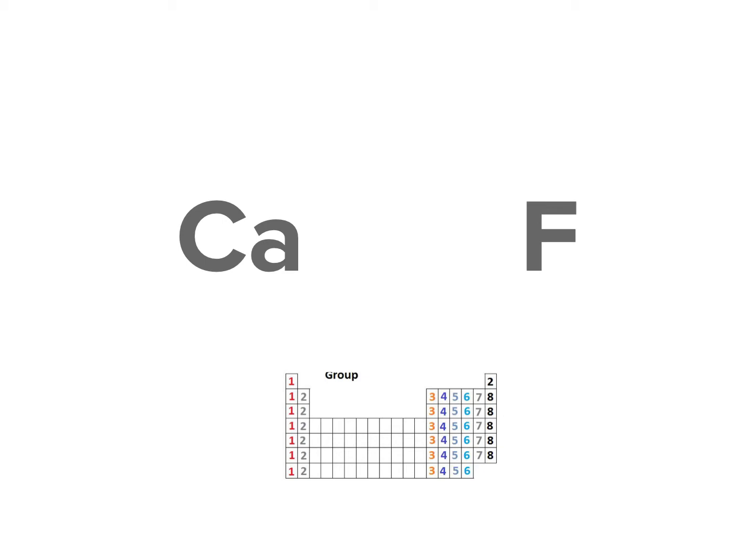So for calcium, calcium is over here in group 2. So it has 2 valence electrons. What I'm going to do is start in one direction, and go around to each direction until I run out or have to double up. So 1, 2. Please note that this is the right answer right here.